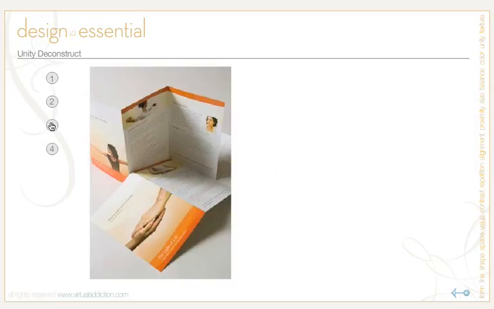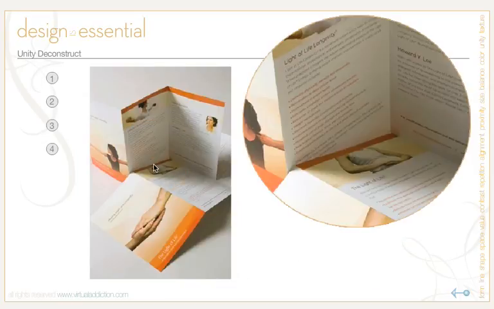The next example is this Regina Bernstein healing brochure, and it's unified with the color scheme that it uses. The palette is pleasing, it's very complementary, it works well together, it's very soothing and nurturing, and it helps to display the content of the brochure well. The images are all the same kind of style for this composition.